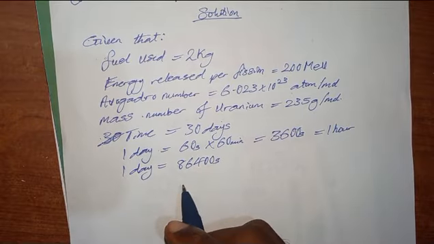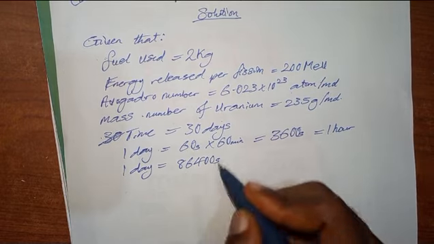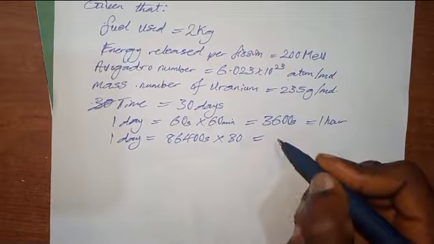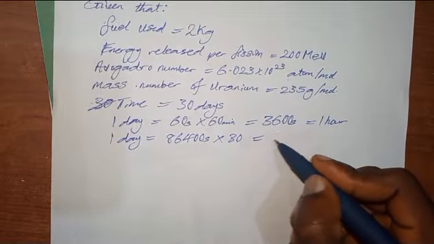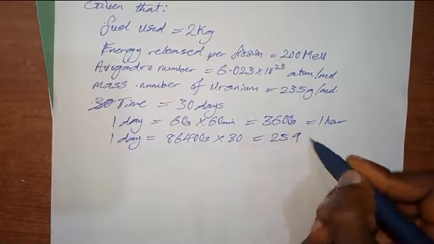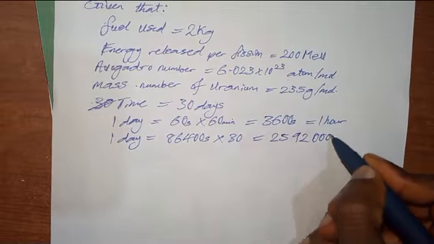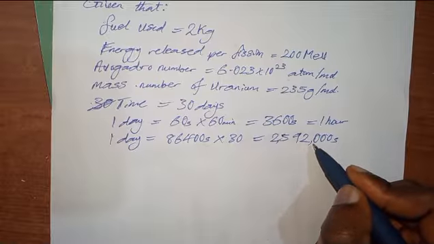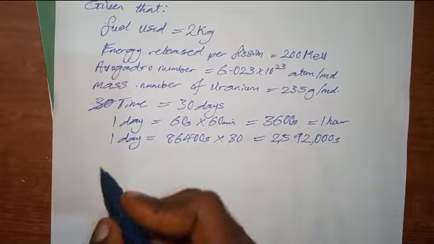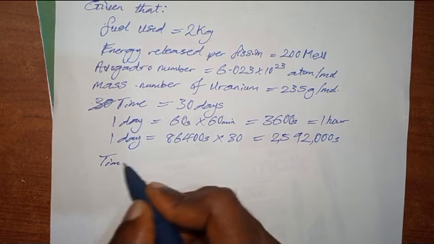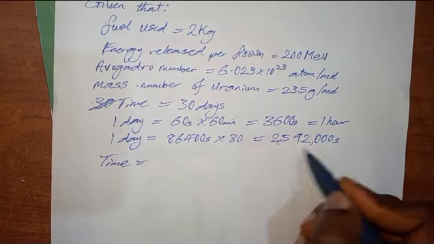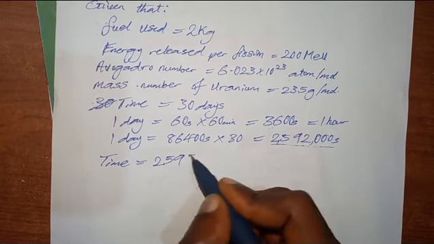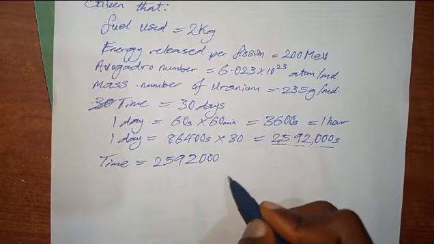Then we convert it for 30 days. If this is 1 day, then we multiply it times 30, which will give us the time: 2,592,000 seconds.